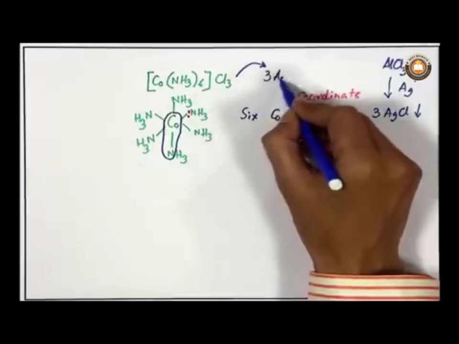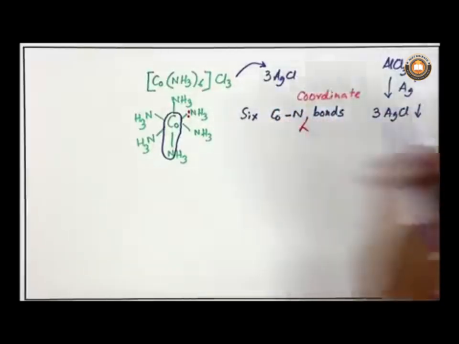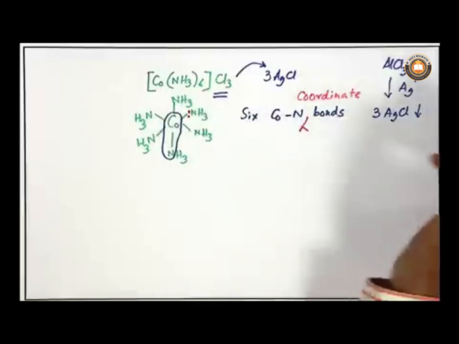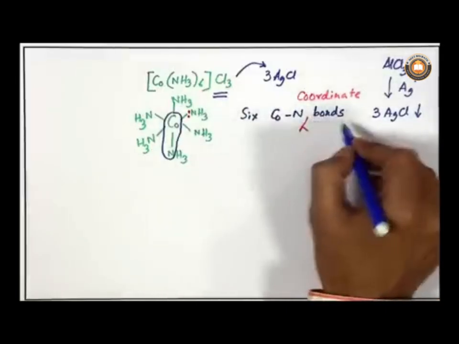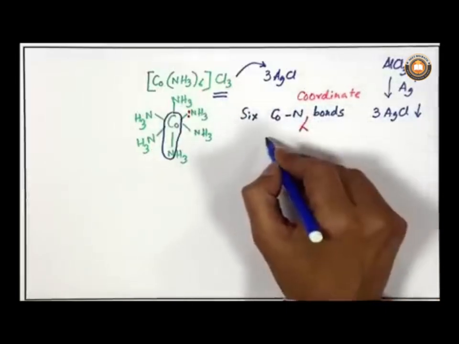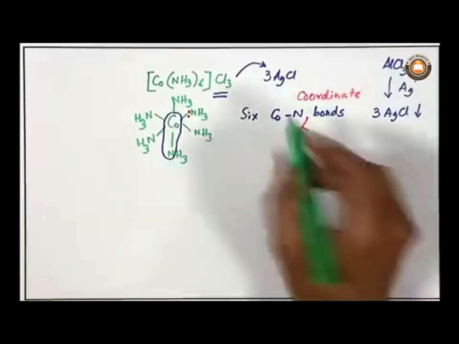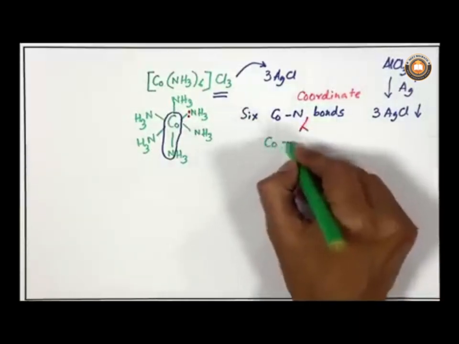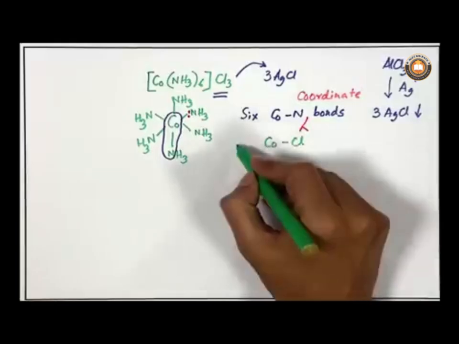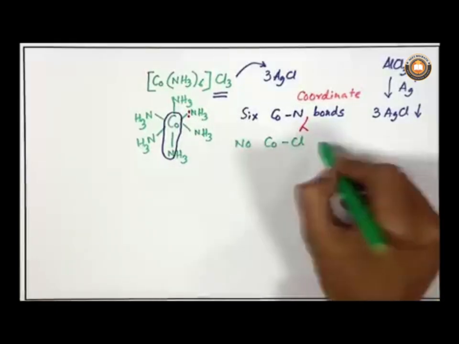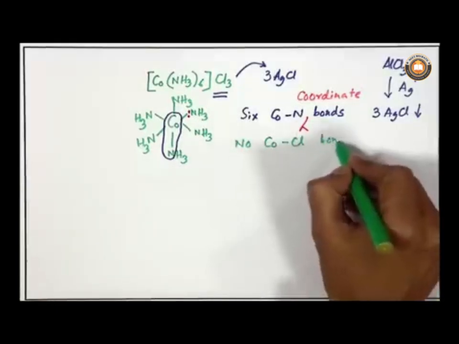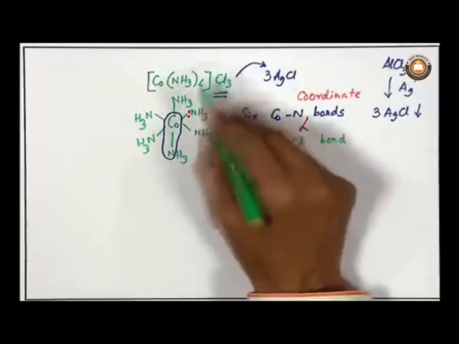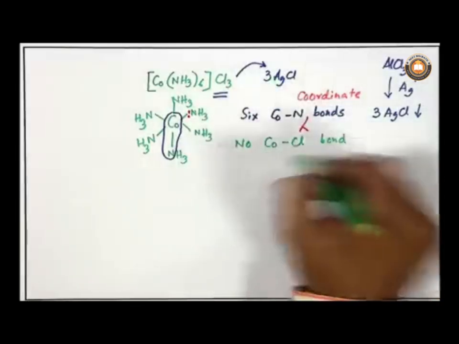Similarly, here also you get 3 silver chloride. So, 6 Co-N coordinate bonds are there, and what about the cobalt chloride bond? There is no cobalt chloride bond. The chloride will be outside the coordination sphere.